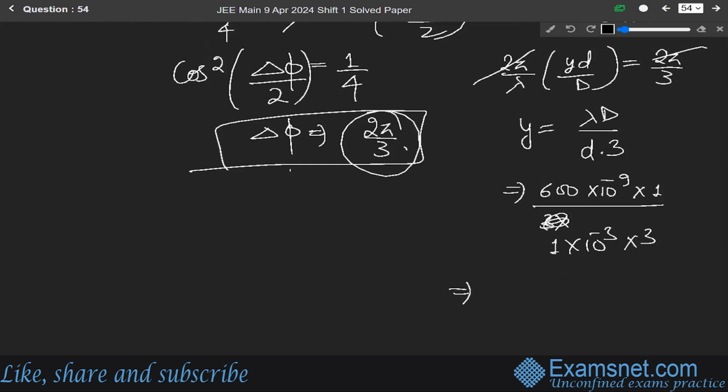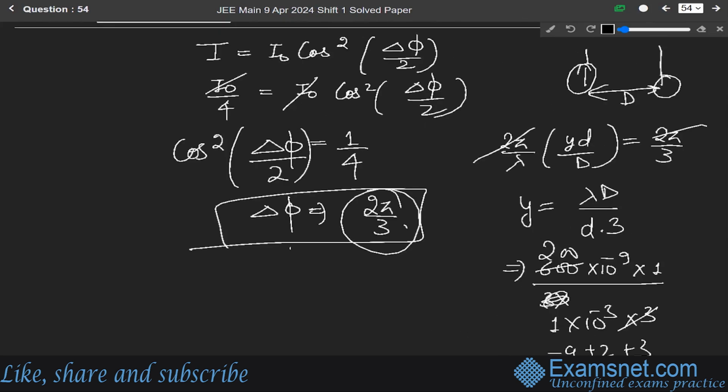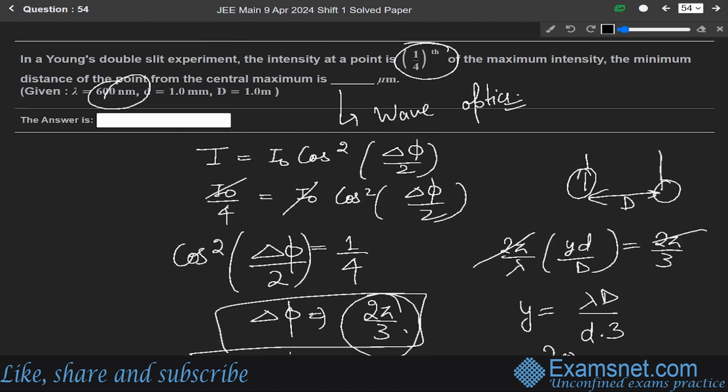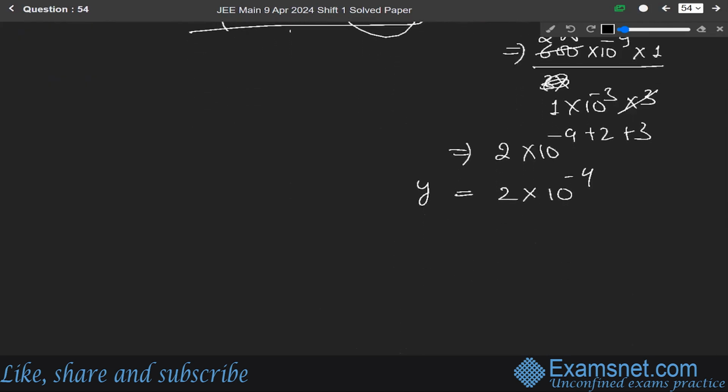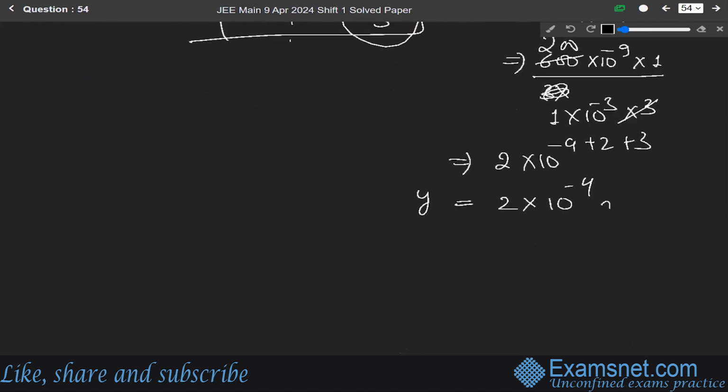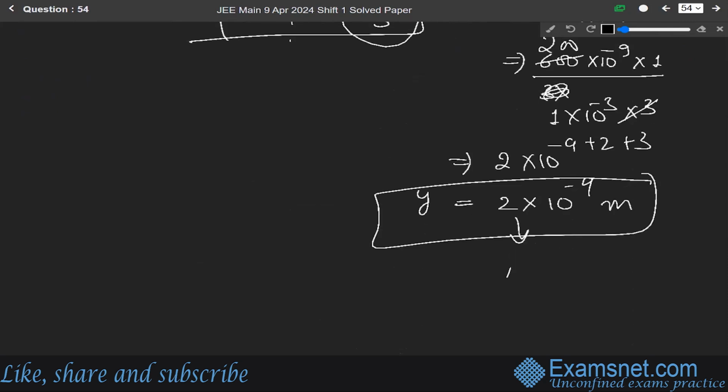So y will be equal to 2 into 10 to the power minus 4. Okay. So the minimum distance will be y equal to 2 into 10 to the power minus 4 meters. Okay, this is our final answer.